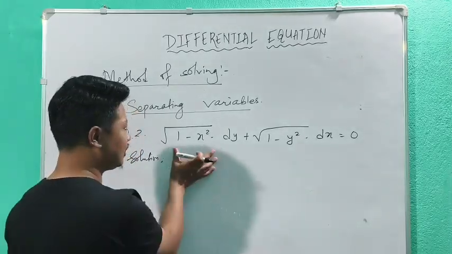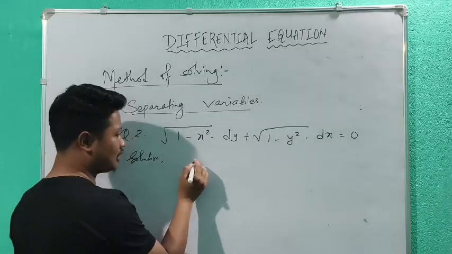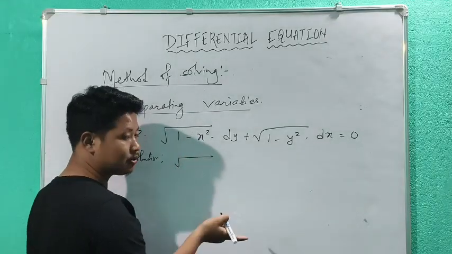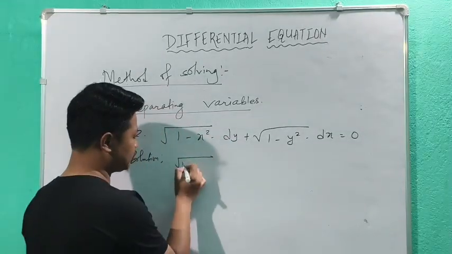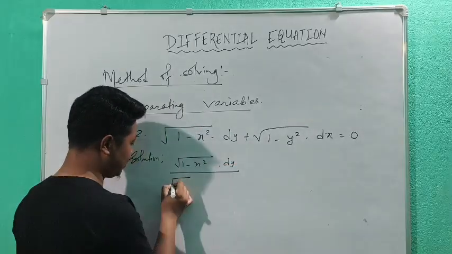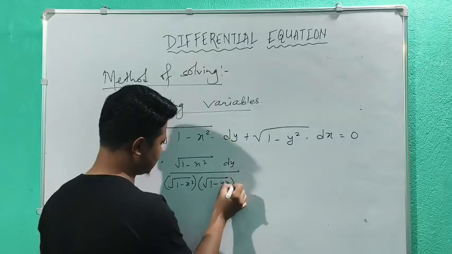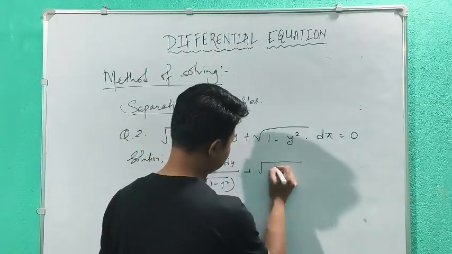Let us divide both the terms by square root of 1 minus x square and square root of 1 minus y square.